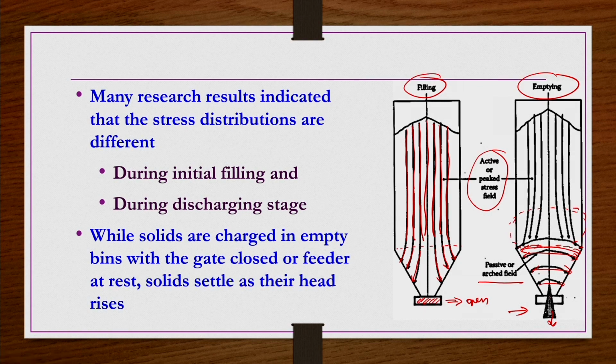Because the material is flowing and contracting in the lateral direction, the stresses are also distributed in the lateral direction. Because of the lateral contraction, the stresses are in an arc direction as shown here. This is what happens in general. This is how the pressure distribution is different while filling as well as emptying.